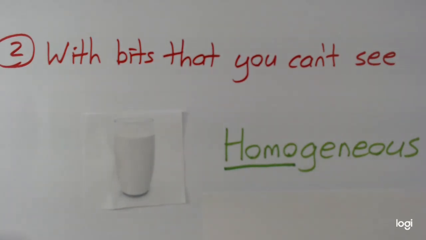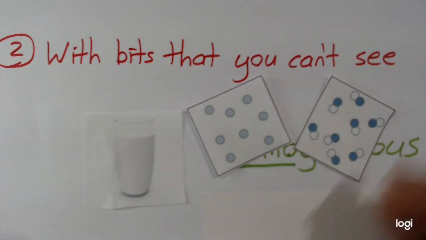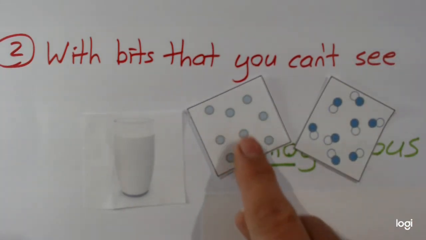Now, suspensions do have microscopic pieces of things floating together. So the particles are too small for us to see. But remember, the particles themselves are not entirely one particle by themselves. Remember these guys? These are individual particles.